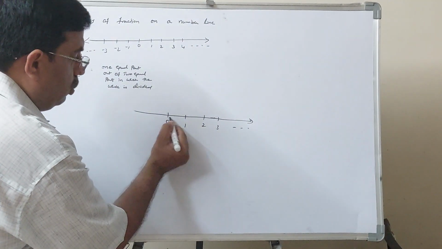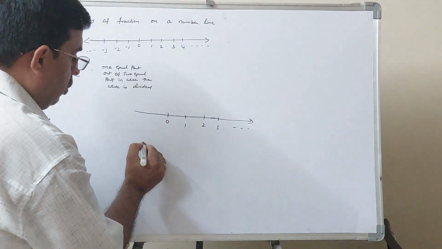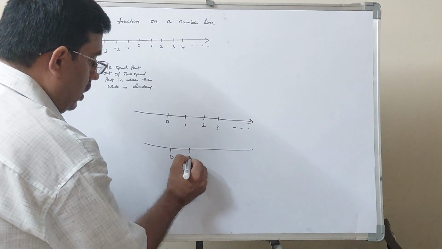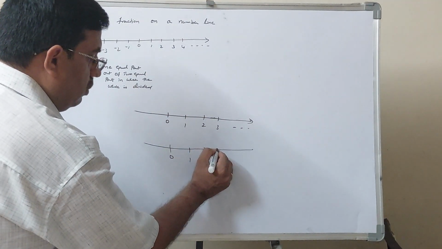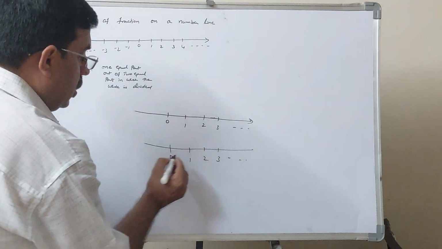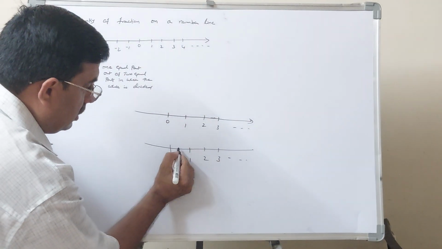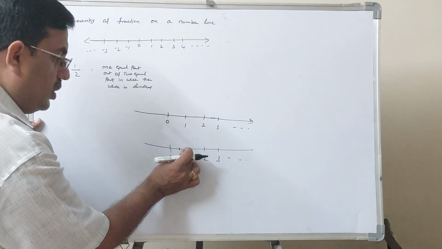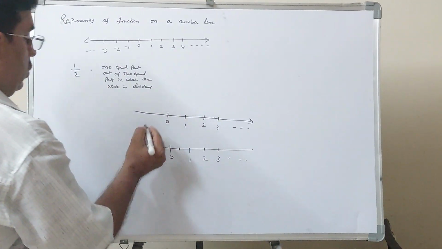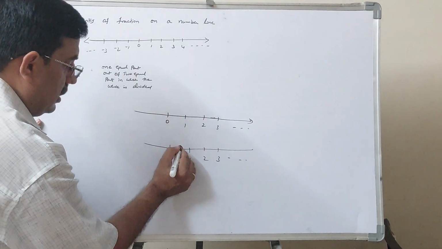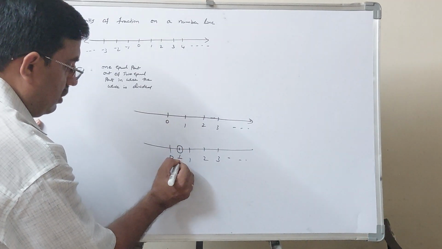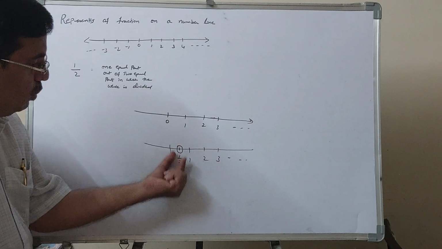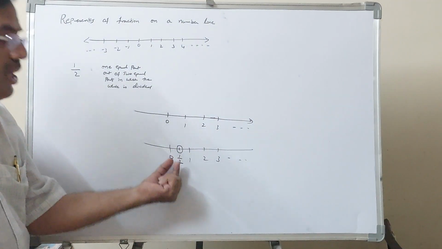This is one part, this is one part. So this is represented as 1 by 2. Clear? This is divided into 2 equal parts, so this is represented as 1 by 2.